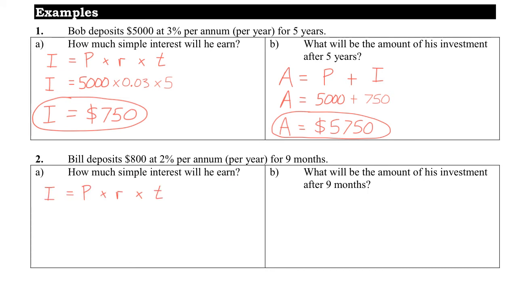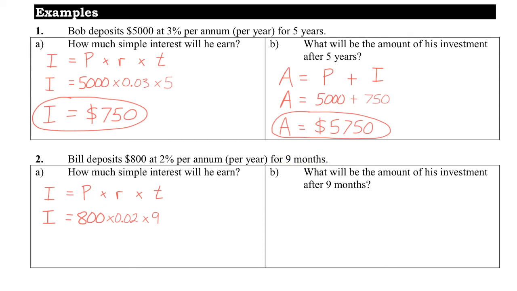Well, that's I equals P times R times T. P is the principal, that's the $800 he's depositing. R is the interest rate, that's 2%, so 0.02. T is the amount of time. Remember this, T is always in years. So don't put T as 9, because it's not 9 years, it's 9 months. So we have to make an adjustment. What fraction of a year is 9 months?